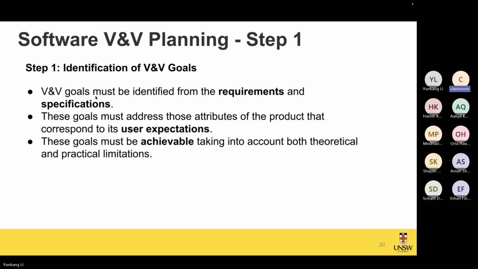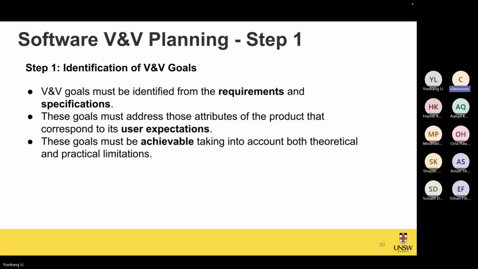Requirement and specification. And the goals could also be from user expectations. These types of goals are often related to validation, right? Because validation cares more about the final product we have.